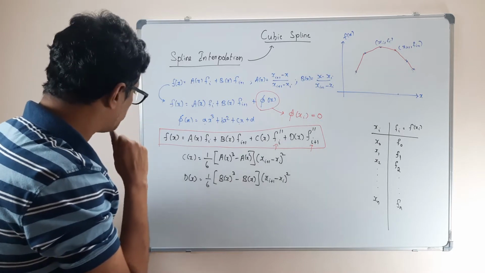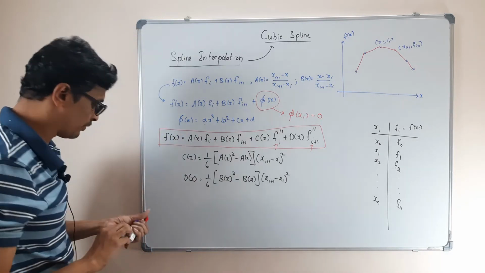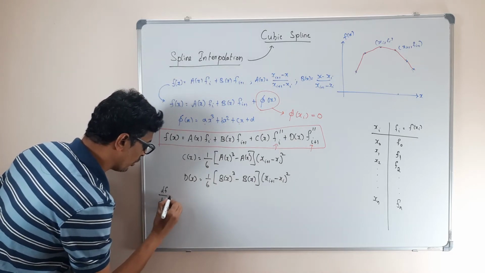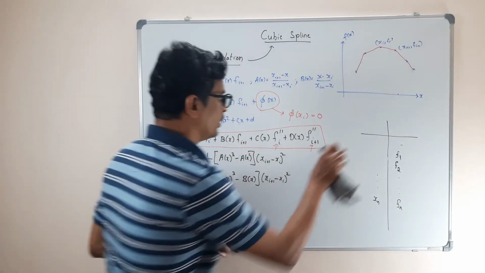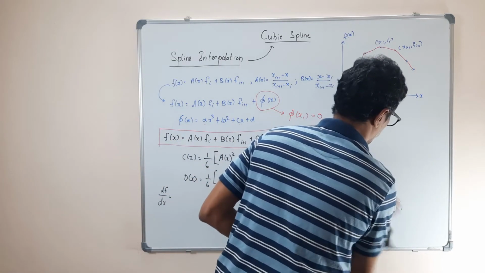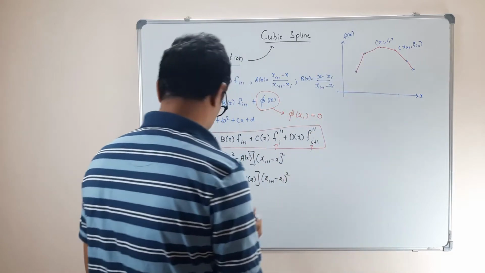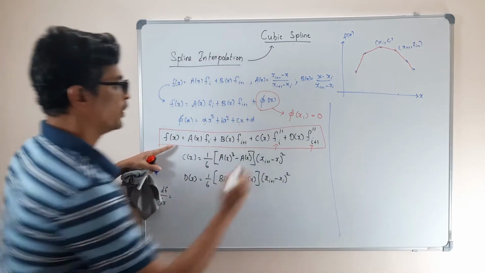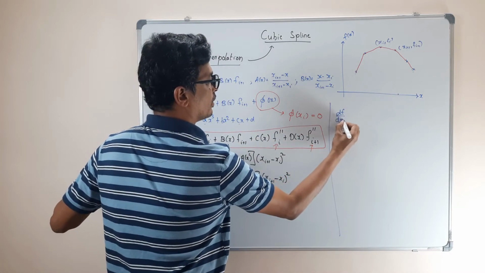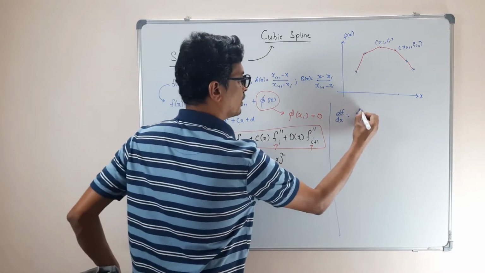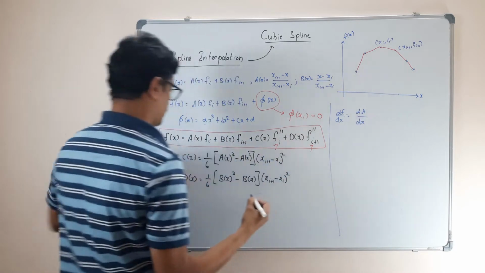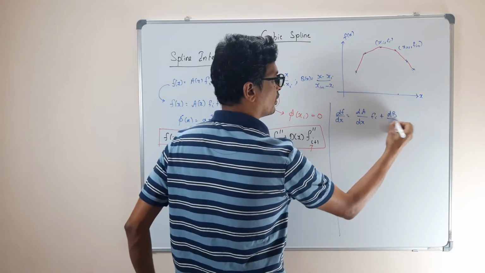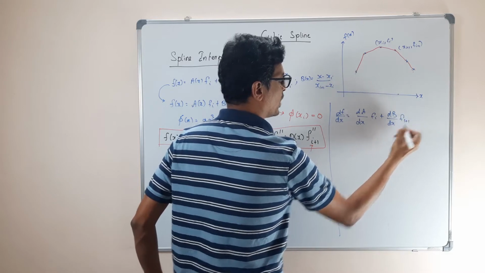Let me take the first derivative of f of x, so let us say df by dx. So df by dx will be equal to dA by dx into f of i plus dB by dx into f of i plus 1, that's done.